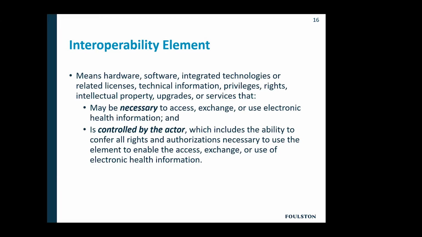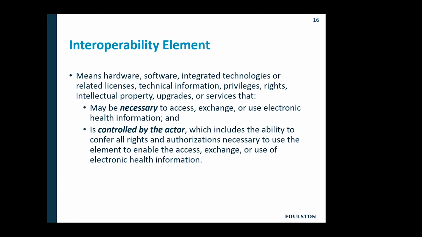Yeah, that's what we're getting at here, and again, you're going to have to meet the various elements of the licensing exception, which requires an agreement, that the terms are reasonable and negotiated. So if you have any of these interoperability elements, like some sort of reading device for radiology, you do have to meet all the elements of the licensing exception, but you can enter into some sort of agreement.